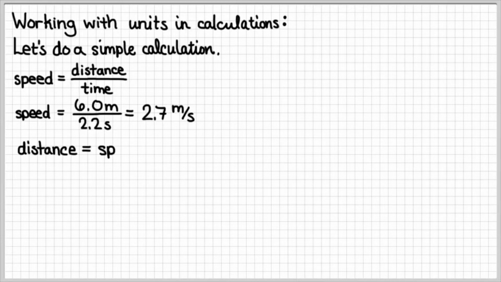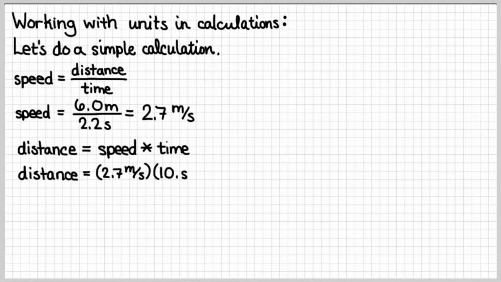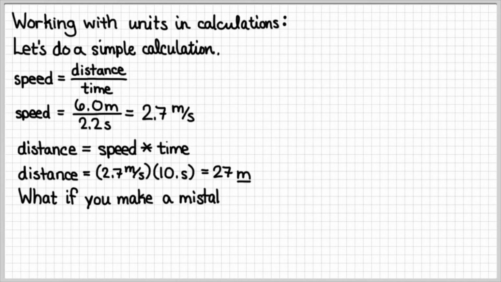So if we wanted to solve for distance traveled, and we are given that we have an average speed of 2.7 meters per second, and we've traveled that for 10 seconds, then we'll start by manipulating that simple equation from above, and we can do that and see that distance is equal to speed times time. We can substitute in our values and cancel out the seconds. So remember now that the units are manipulated just like you do in algebra, so the seconds cancel out and the units we have left over are meters, which is a unit of distance, so that makes sense.